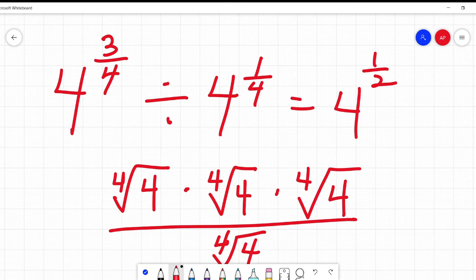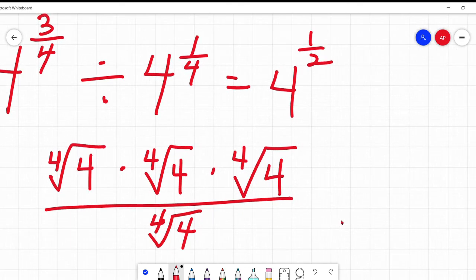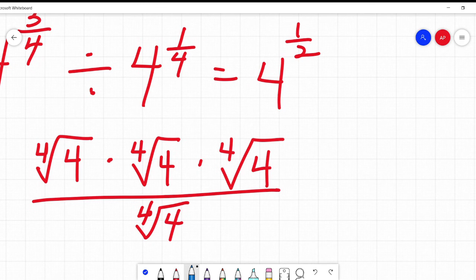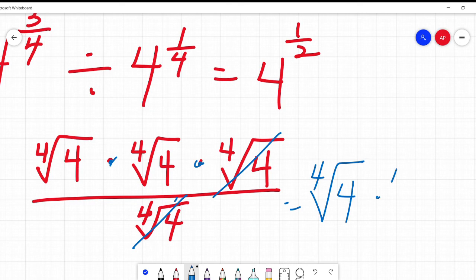Okay? So, as we know, when we have things being multiplied together and it's in a division problem, then we can start crossing out top and bottom, things that match. So that matches that, and we are left with the 4th root of 4 times the 4th root of 4.